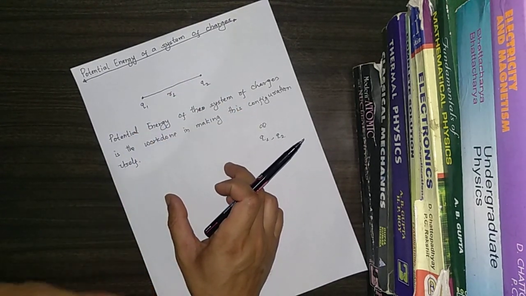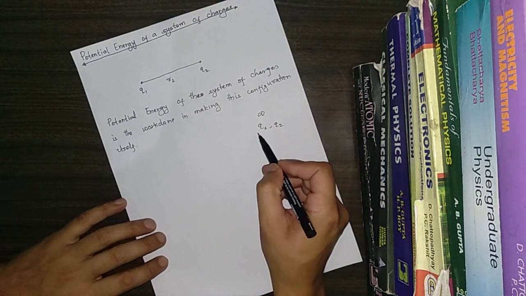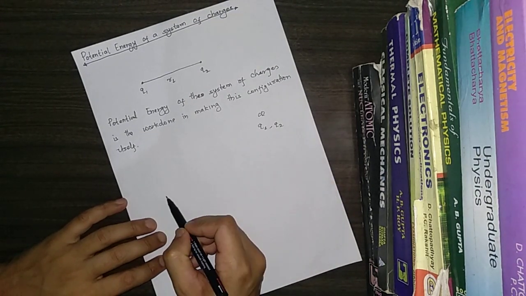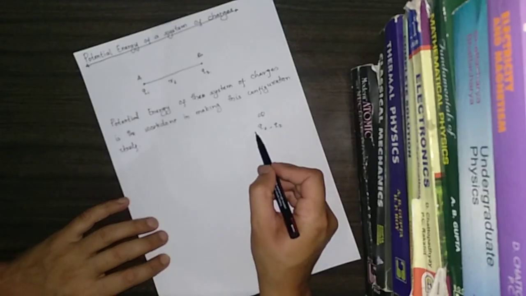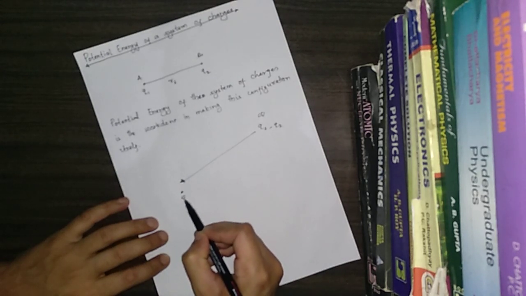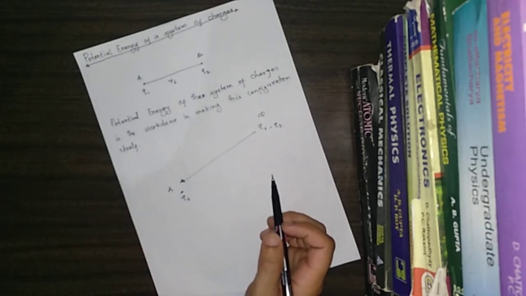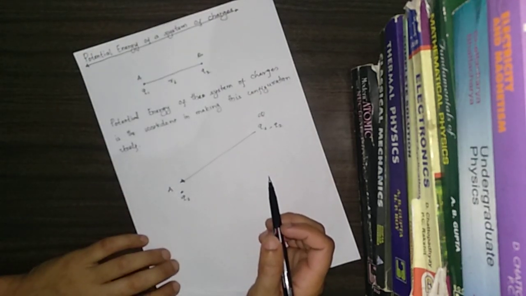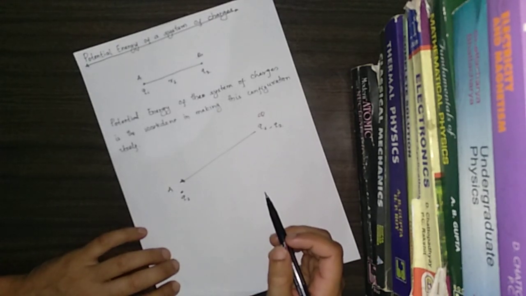Firstly, I'll bring charge Q1 to this position. Suppose this position is A and this position is B. So I'll bring Q1 charge to position A. What is my work done in bringing this charge Q1 to position A?